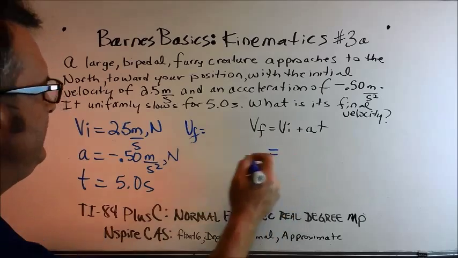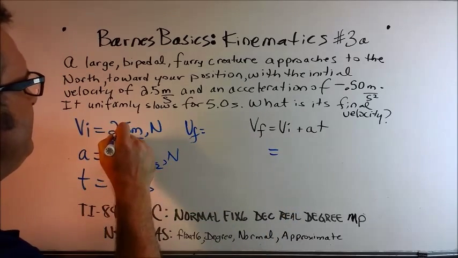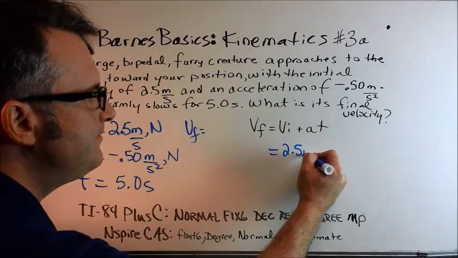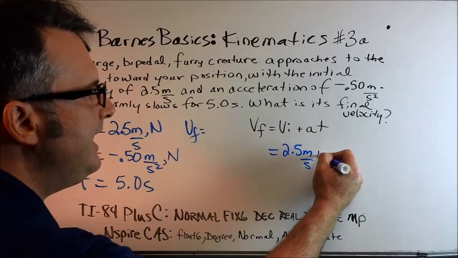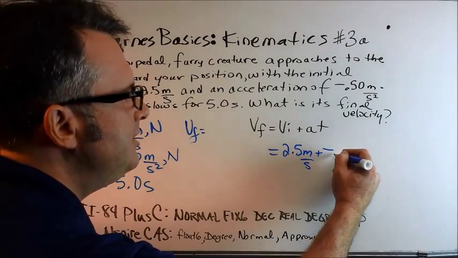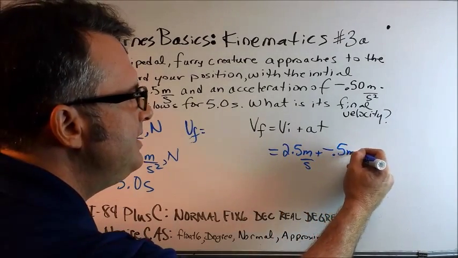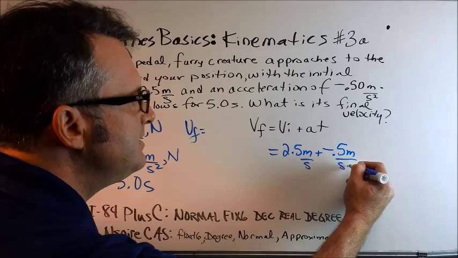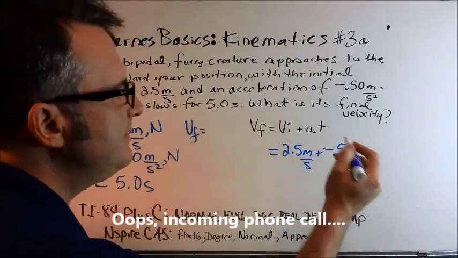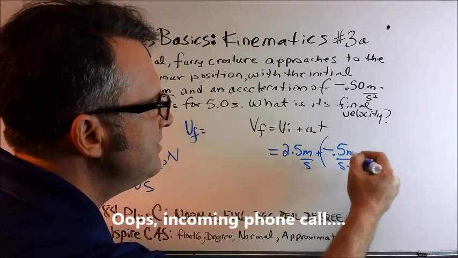The initial velocity is 2.5 meters per second and the acceleration is negative 0.5 meters per second squared, and then the time is 5.0 seconds.